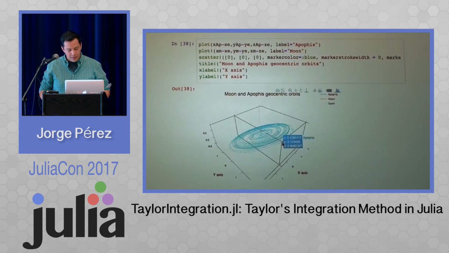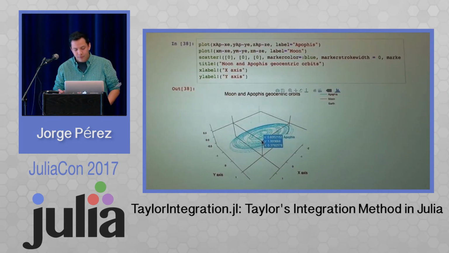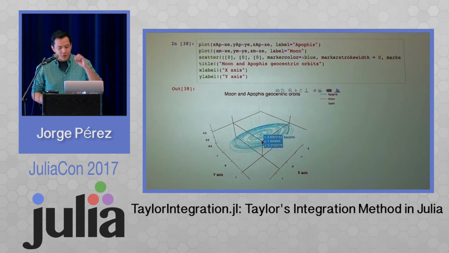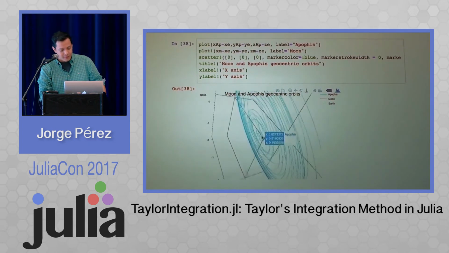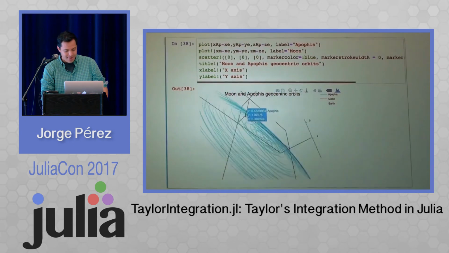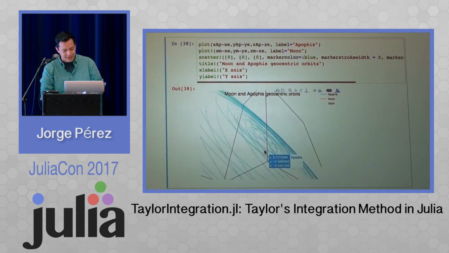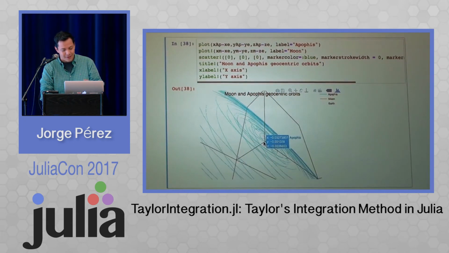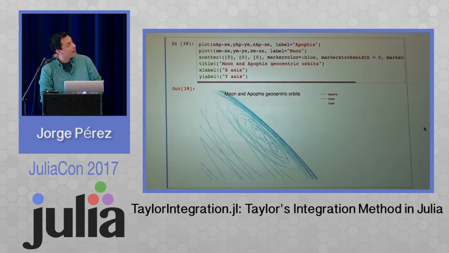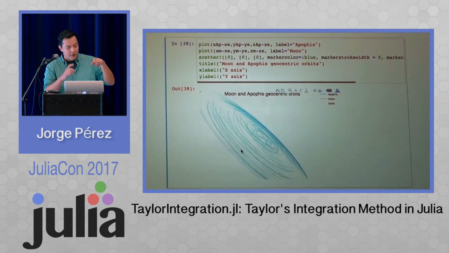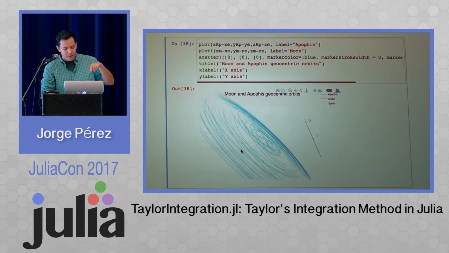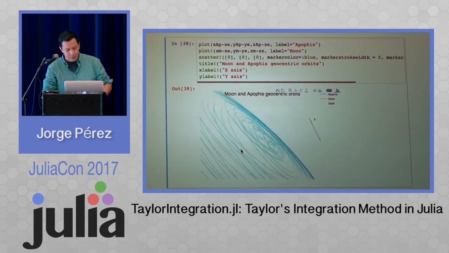So, okay, this is a plot of the geocentric orbit. That means with the Earth in the center, we plot how Apophis moves. What we can see here is that the Earth is this dot. Perhaps it is not so clear here, but Apophis is usually pretty far from the Earth, but at moments it can get pretty close.